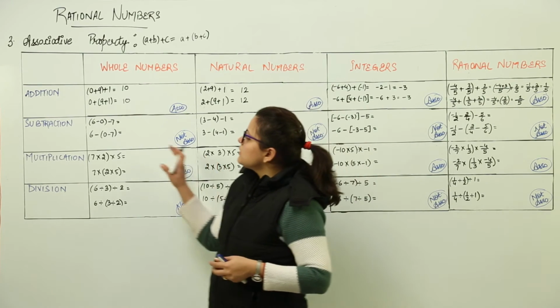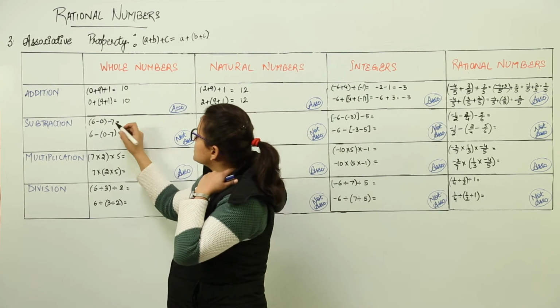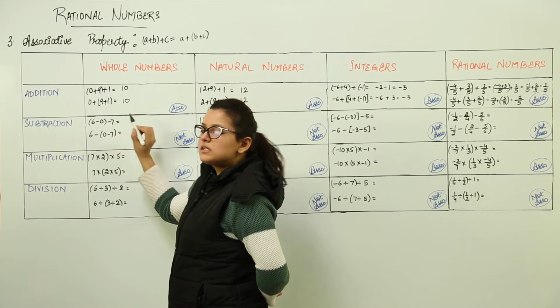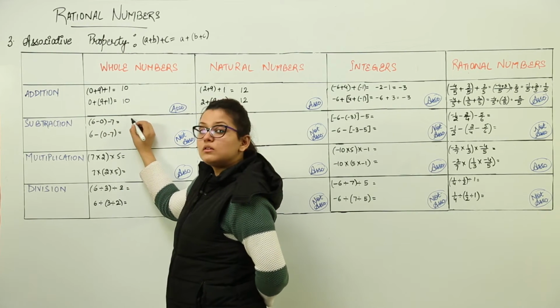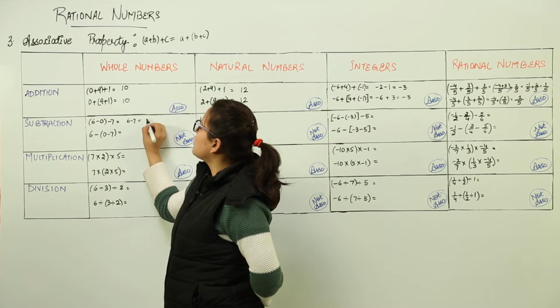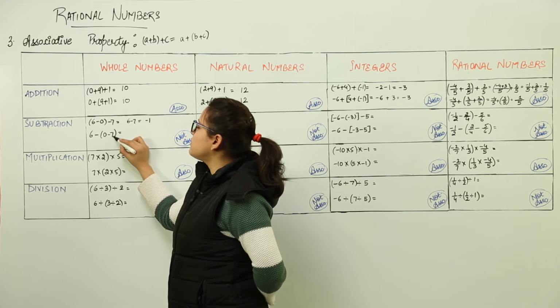Right? Next, we will be verifying the case for subtraction now. Now, the subtraction goes like this. 6 minus 0 minus 7. First, you subtract 0 from 6. That will give you 6 only. And what is 6 minus 7? Minus 1. What is 6 minus 0 minus 7?